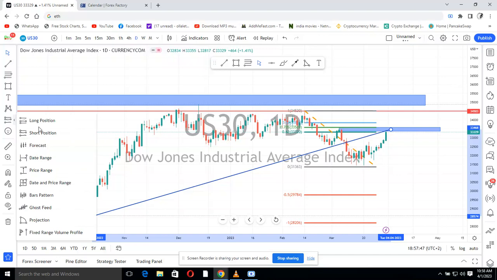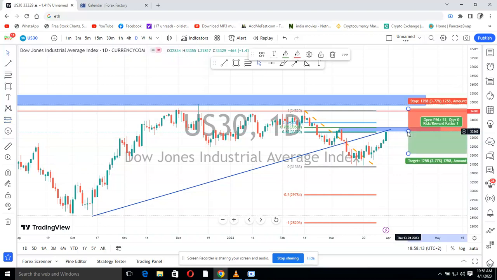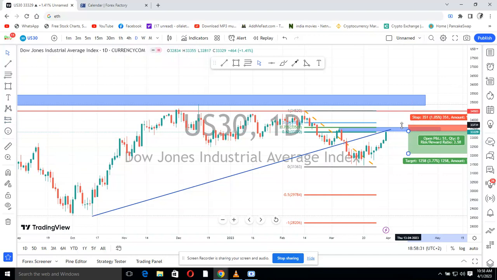That is a sell bias all the way from here. Always trade with a stop loss. Stop loss is like a seat belt. It doesn't prevent you from an accident, but it prevents you from an accident that can damage your life. So you can always place it around here and TP will be here.